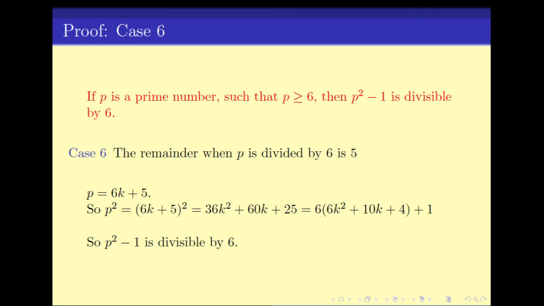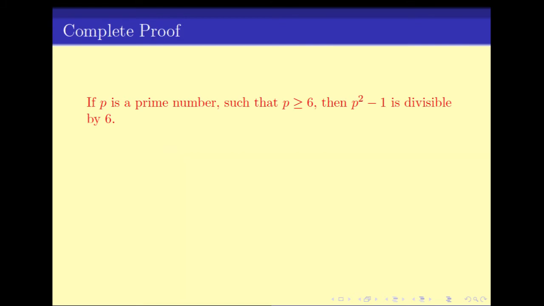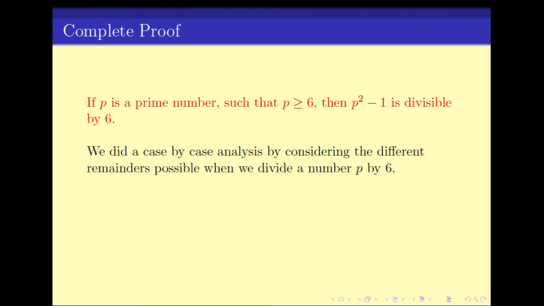And hence again p square minus 1 is divisible by 6. Thus, to prove that if p is a prime number, p square minus 1 is divisible by 6, we divide it into various cases, depending on what is the remainder when it is divided by 6.